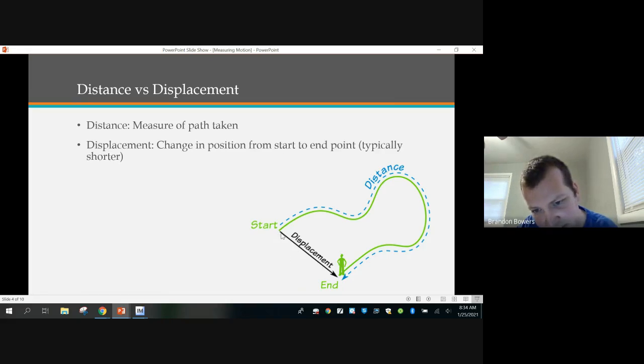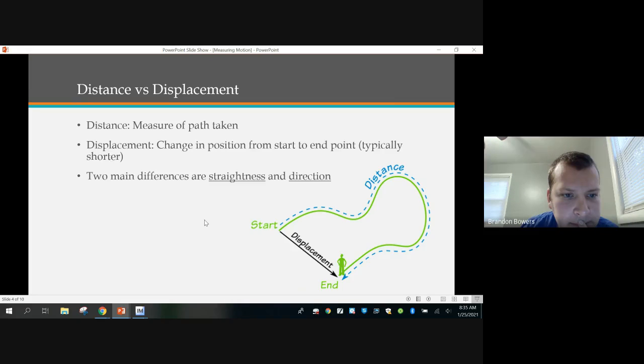So if we look from here to here, that's our displacement. You don't need to write that last part.